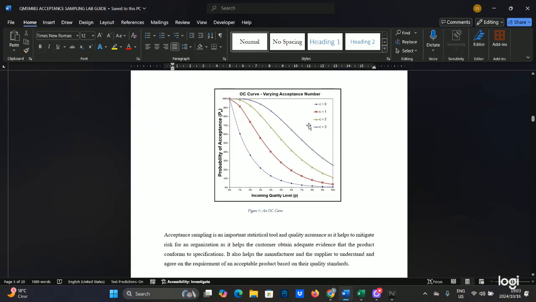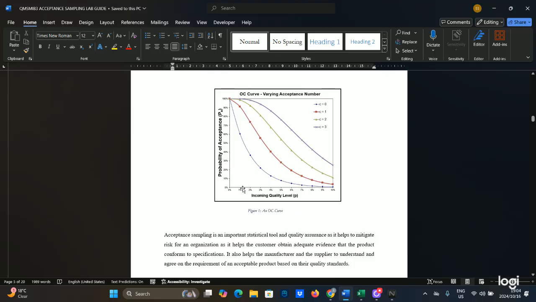One thing I want you to notice is what happens as they vary the value of C. When C is 0, they only accept when they find zero defectives, which is exactly here, which means the entire sample has to be conforming. Oh wait, my mistake.